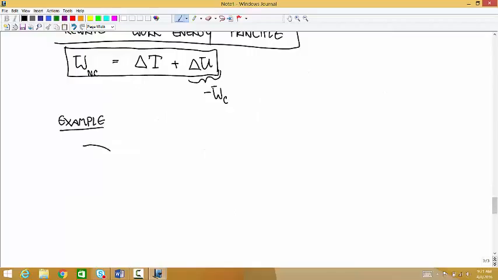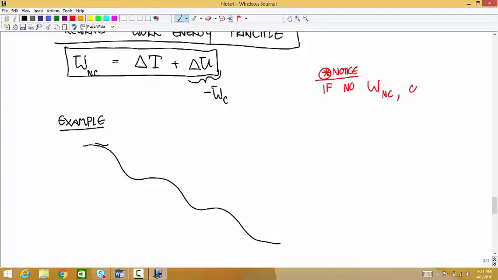All right. So here's sort of a classic example of how to use this. One thing I want to point out is, what happens if you don't have any work done by non-conservative forces? If there's no work by non-conservative forces, you can rearrange these terms again.